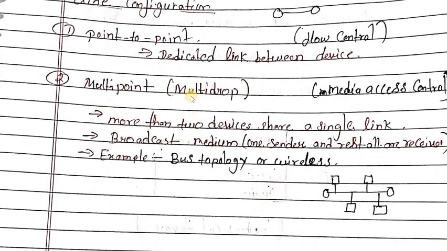Now multi-point, also known as multi-drop. Here we will learn media access control, whereas flow control is for point-to-point channels. In media access control, there is one single channel and multiple hosts or receivers.